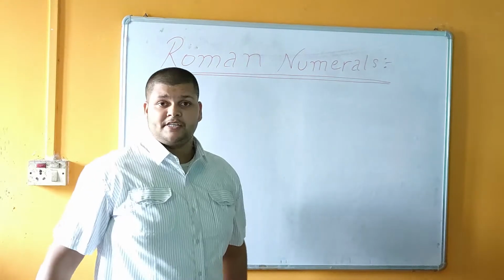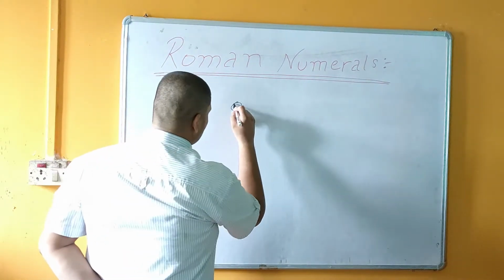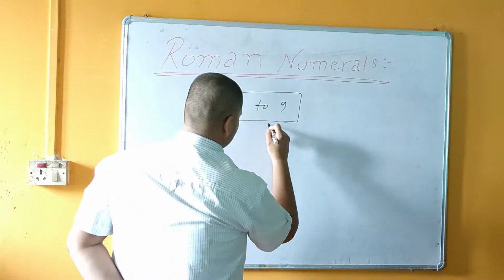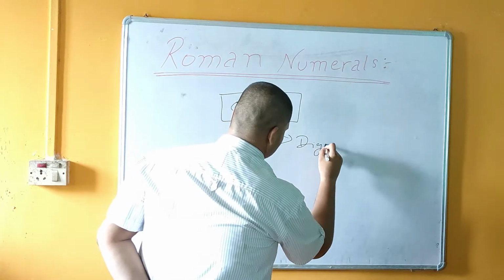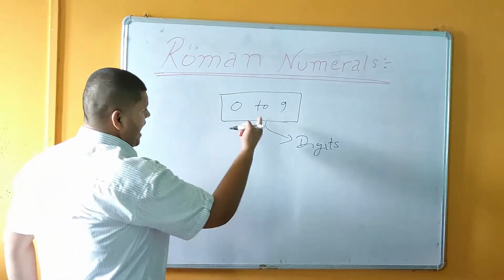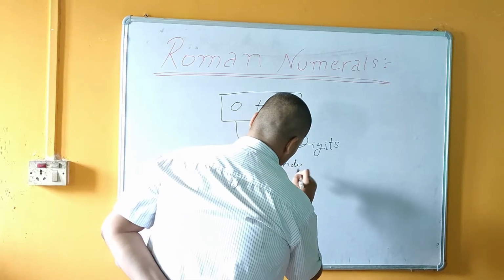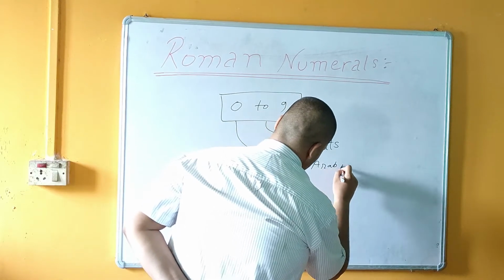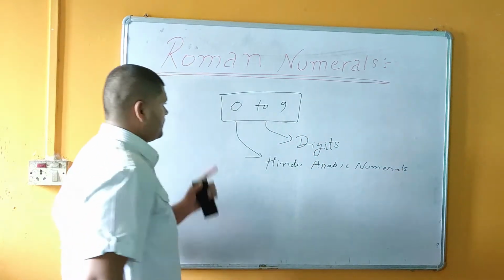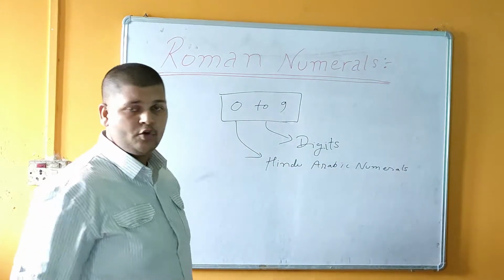Before getting into the actual topic, I would like to say that the digits from 0 to 9 are called Hindu-Arabic numerals.